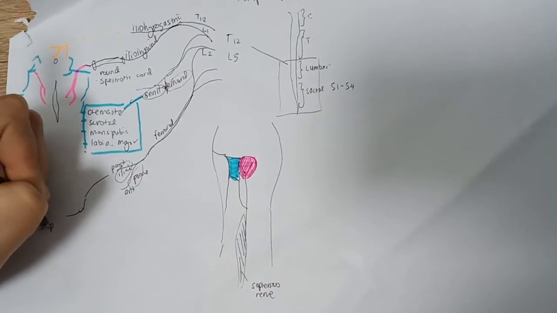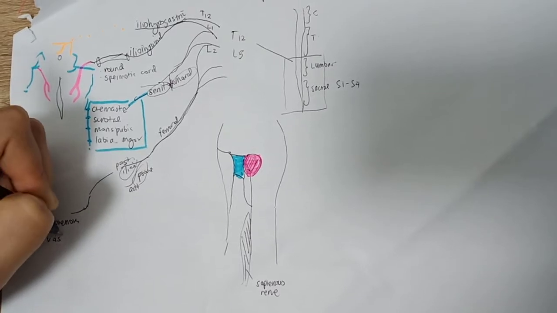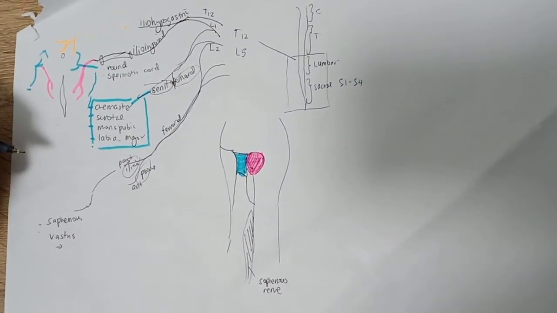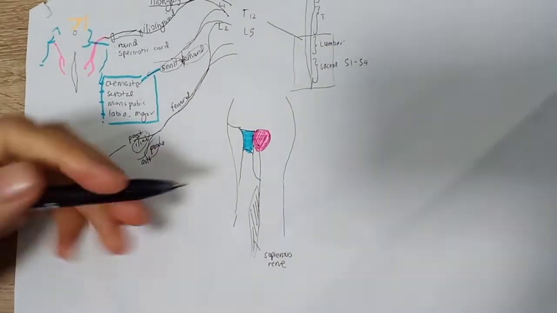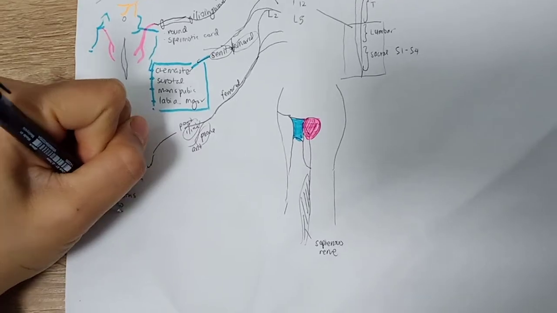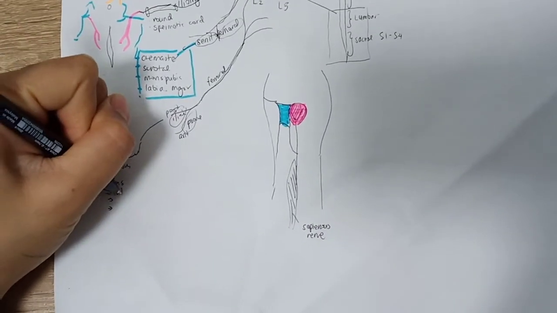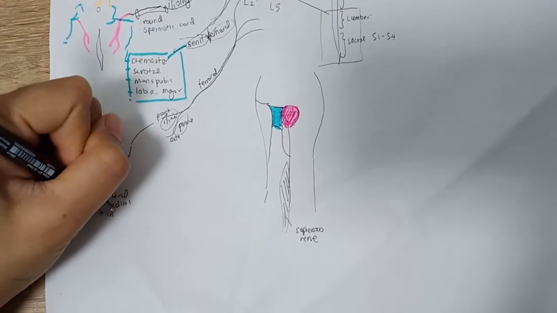and then all the vastus, which includes the vastus. We have three vastus: lateral, medial, and also the intermediate.